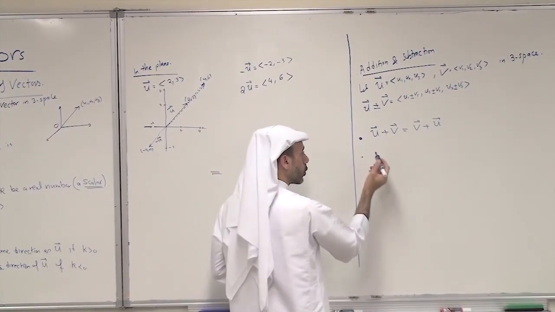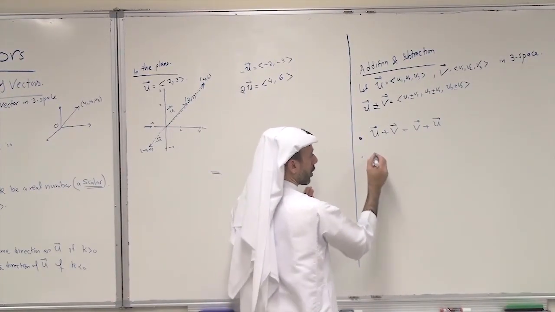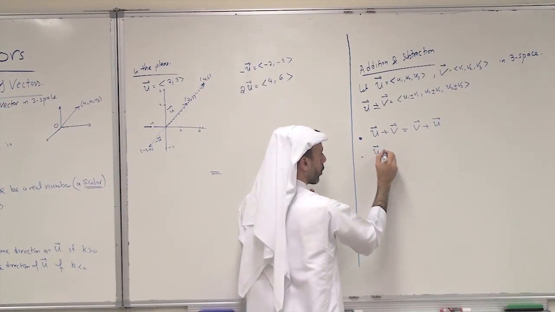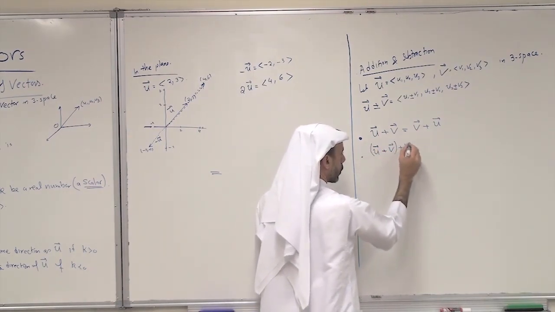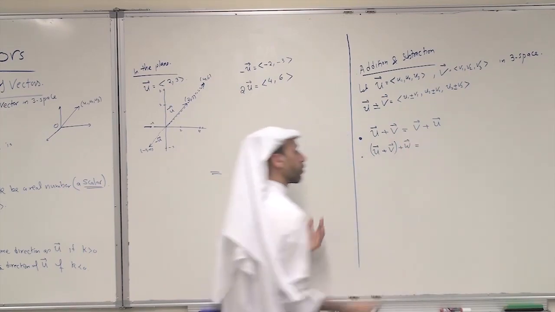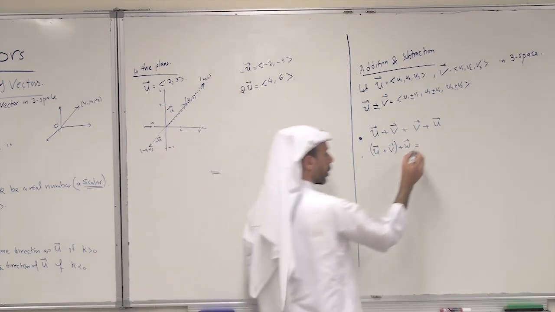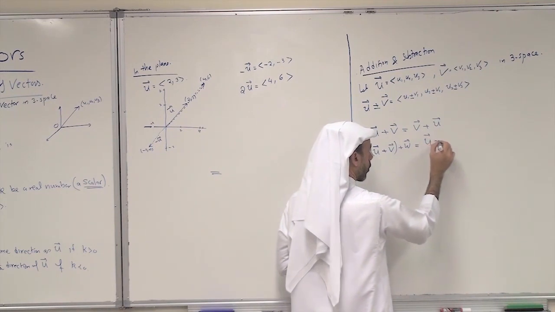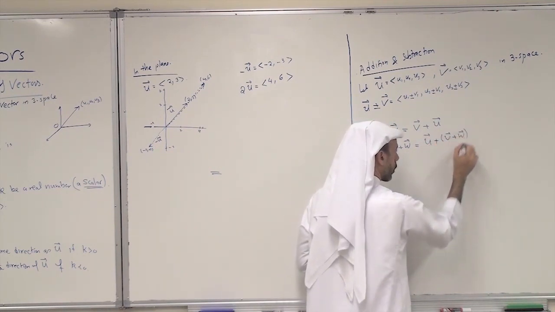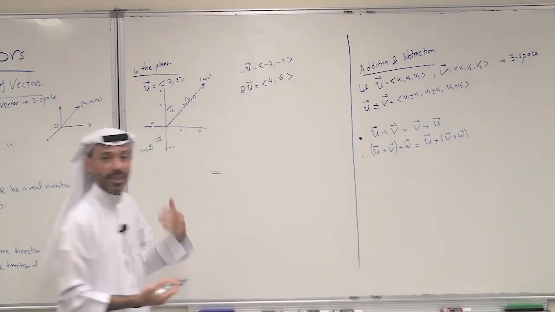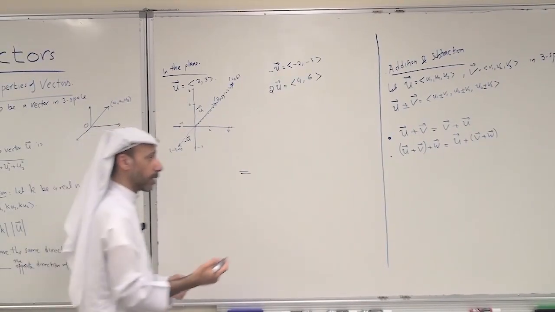It is also associative. If I have three vectors, U plus V plus a third vector W, then it is equal to the vector U plus the vector V plus W. So adding vectors is an associative operation.